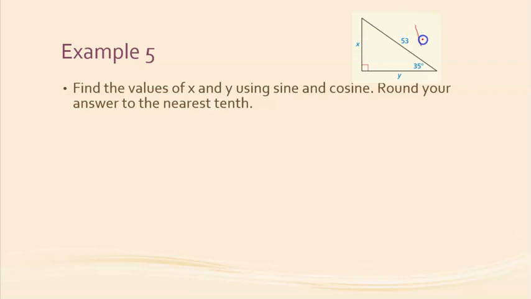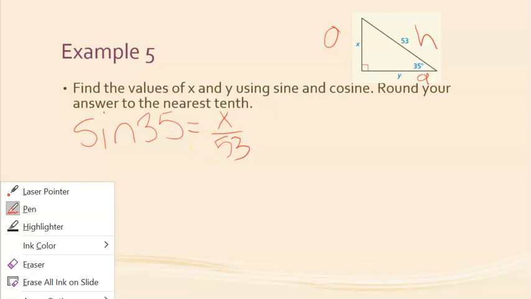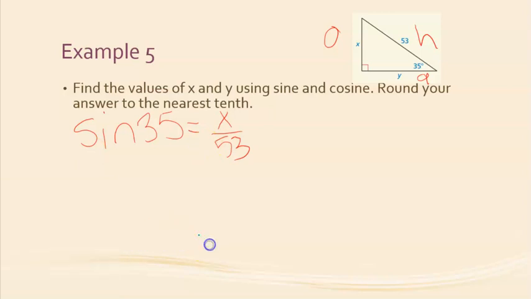And then, what would be O and A? So then for sine of 35, which letter goes on top? X, Y, or 53? X. So then, to get X alone, what do I want to do?